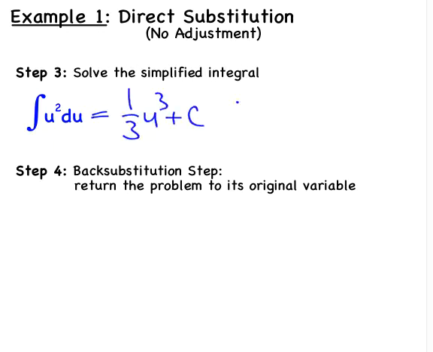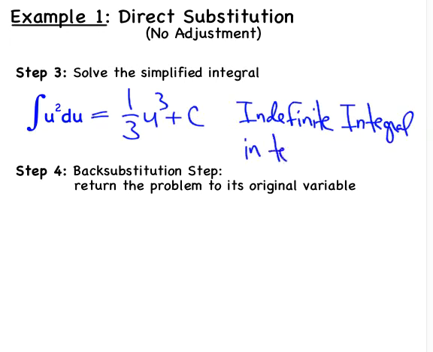So this is our indefinite integral in terms of u. And when we return it back to its original variable, we call that back substitution.